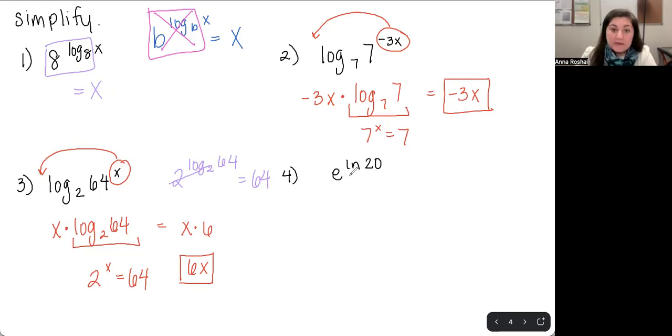With E it is a little bit different, but not so much. When it comes to E, we are looking at this ln as a natural log. There is a mathematician, I always forget his name, I believe a Swiss mathematician, or French, I can't remember, and he came up with the letter E, and E is a natural number.